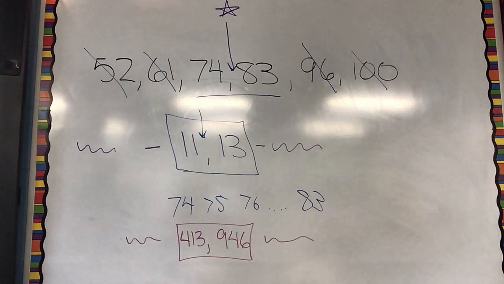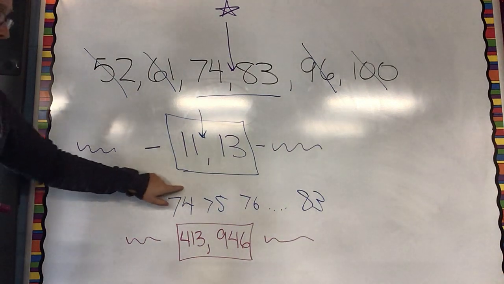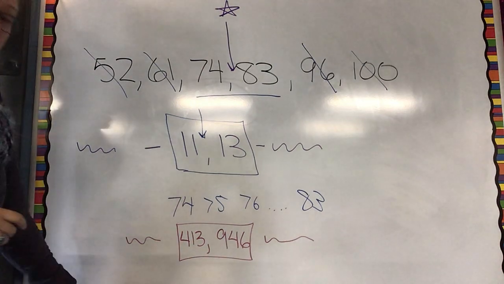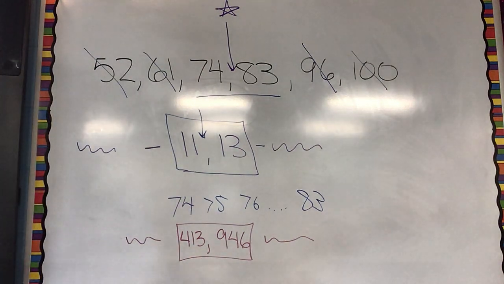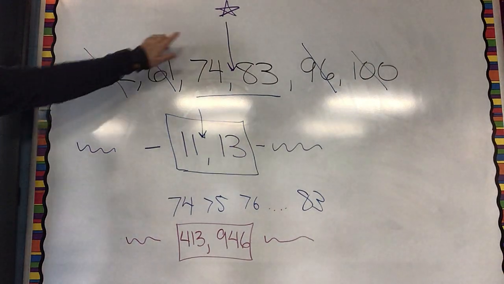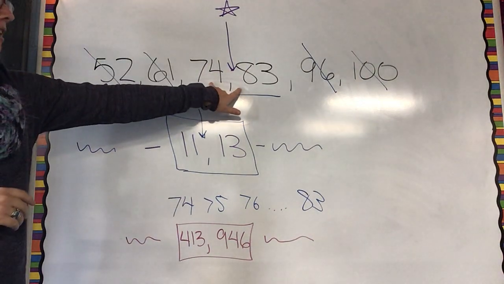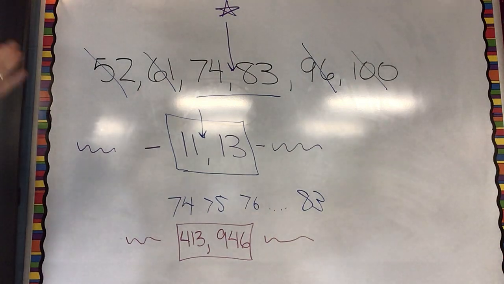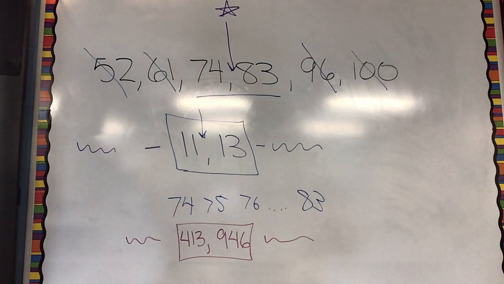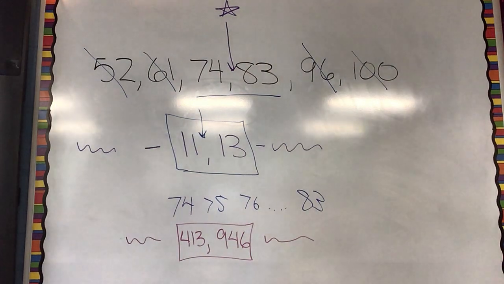Would it be realistic for me to write out my numbers like in a number line to see what's in the middle? No, there's way too many numbers to write that out. So that's where you would do like Charlie said. Add these and then divide by 2. You're going to find your middle spot, just like finding your average. Same process. Okay? All right.